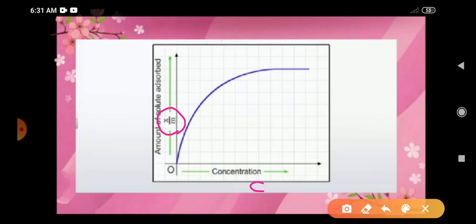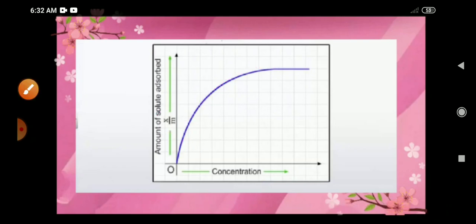In the previous one, it was x by m with respect to p, that is pressure. Here instead of pressure, because it is a solution, we take concentration. When we make a plot between these, it is observed that with an increase in concentration, x by m also increases. So we get a curve like this, and after a certain maximum value, it becomes a parallel line. Let us discuss the mathematical expression for this.